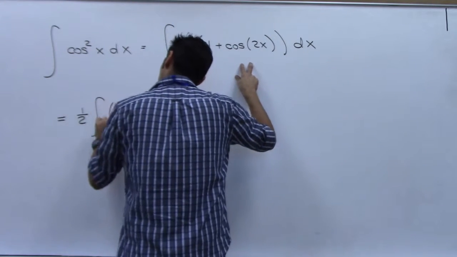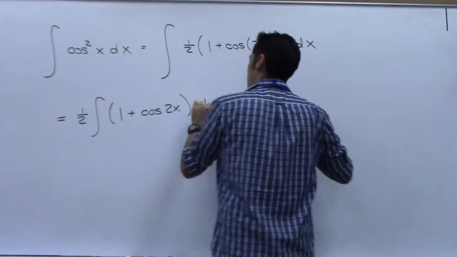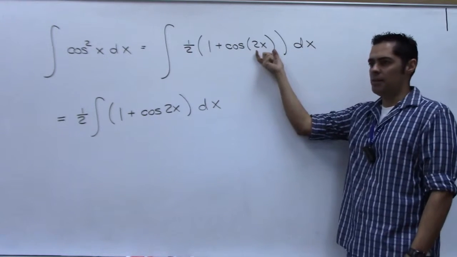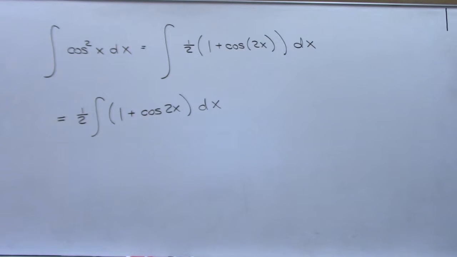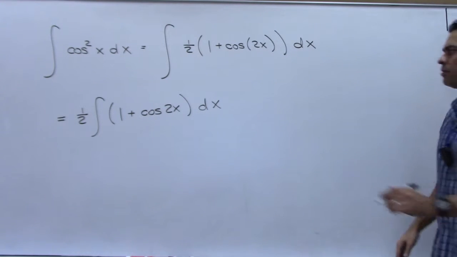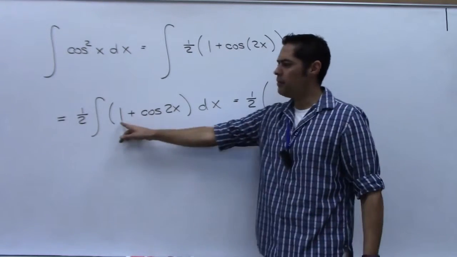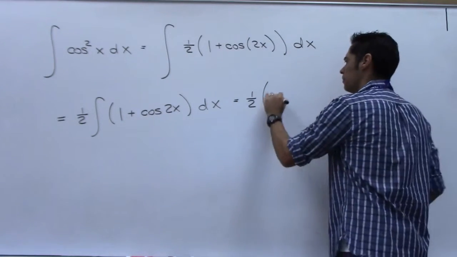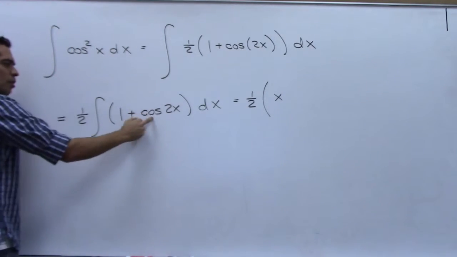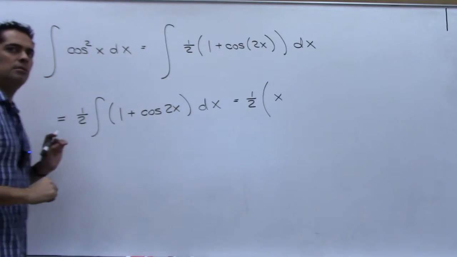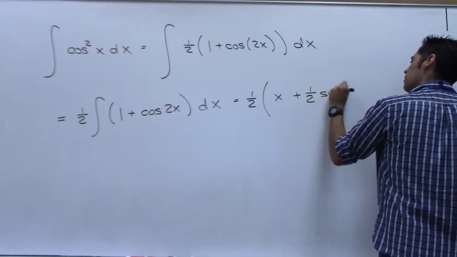And now, just looking at this, I'll put the 2x right there. I won't put it in parentheses, just hoping that everyone understands that's the argument. Can you integrate that? Yes, term by term, separately. So I'm going to have 1/2 and then two things. The antiderivative of 1 is x. Careful, the antiderivative of cosine of 2x is 1/2 sine of 2x.